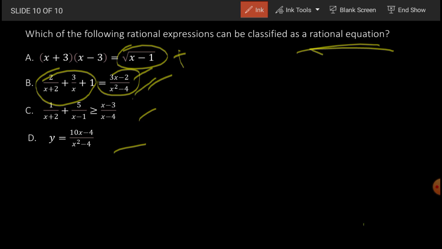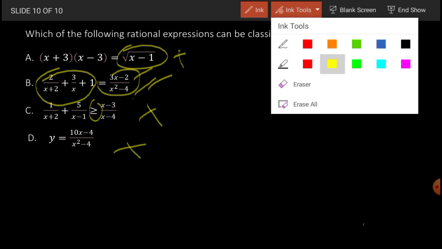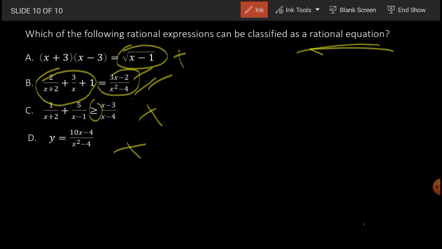On letter C, the symbol that separates the left side and the right side is not an equal sign. So it's not an equation, it's an inequality. For letter D, y equals 10x minus 4 all over x squared minus 4. So it's not an equation, but it is already a function. So the only option that is a rational equation is letter B.